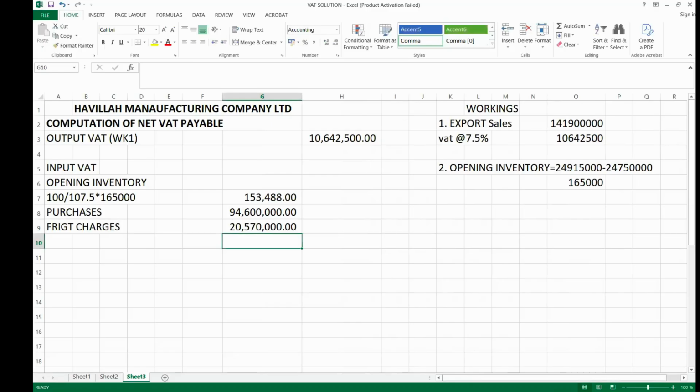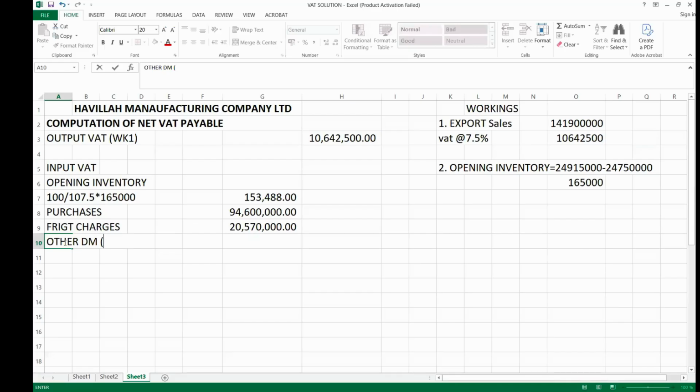After that, we are also given other direct material. Under other direct material, we are told it is VAT inclusive. We must make it exclusive, because other items are VAT exclusive. VAT inclusive is 14,544,750.